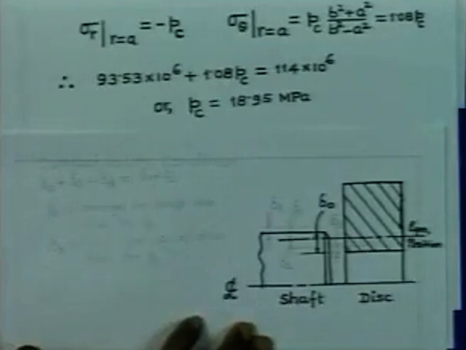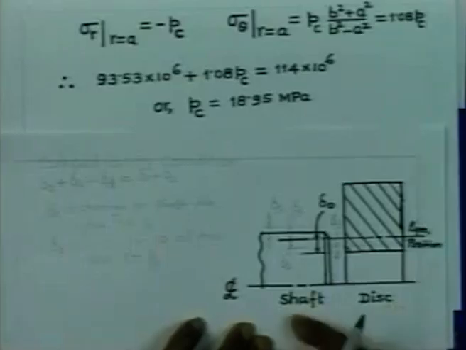Now, you just imagine that you are rotating both the disc and the shaft at RPM 3000. So, if you rotate the shaft at 3000 RPM, it is going to have its outer radius increasing.